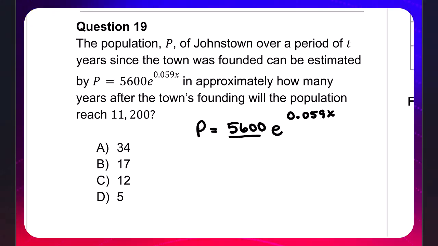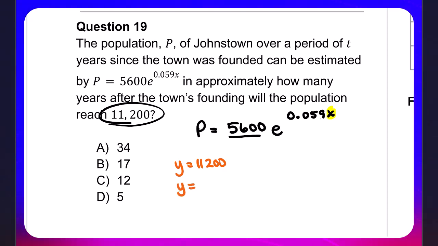It's asking us to find, no, when will the population reach 11,200? So we are looking for x or t. This is not consistent. It should say x or t. They should be the same thing. But either way, we're looking for this. I would just suggest go ahead and type into Desmos y equals 11,200.